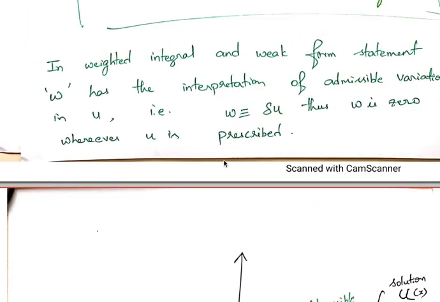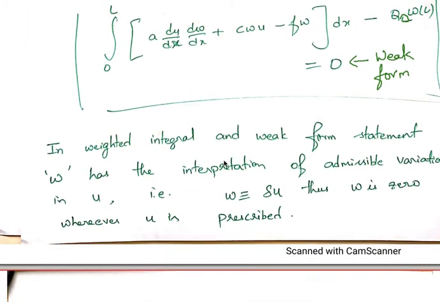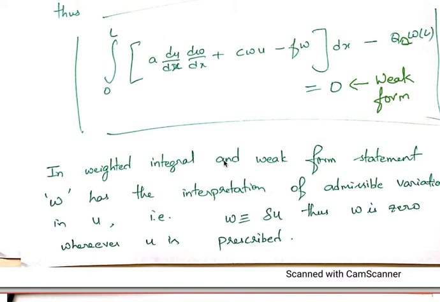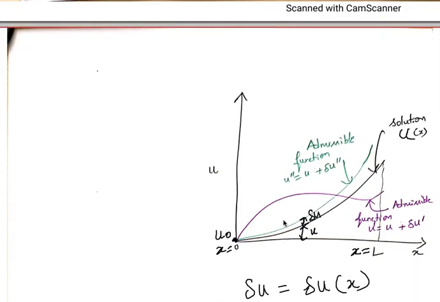Now, in this particular weak form statement and weighted integral statement, the weight function is taken to have the interpretation of variation of u. In this context we define two kinds of variables.